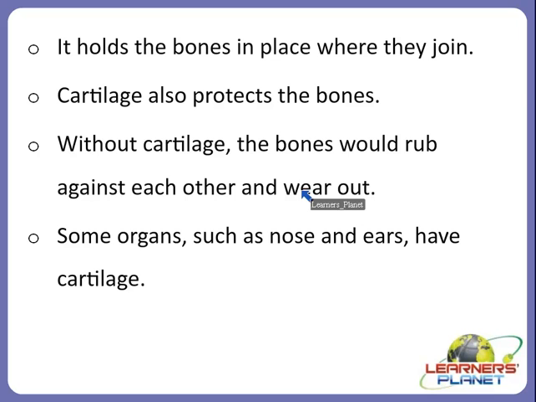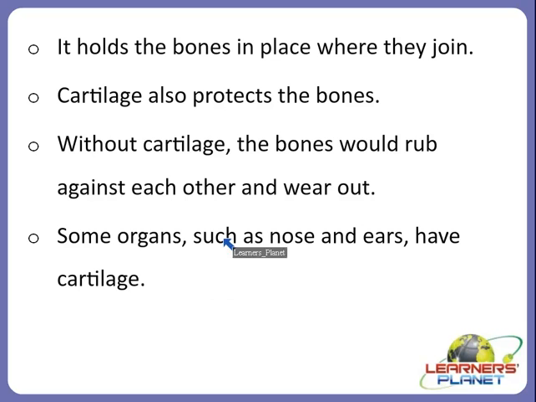Without cartilage, you can just think that the bones would rub against each other and wear out. So without cartilage, it is not possible for the bones to create a very good framework of our body. So cartilage is also very important because it protects the bones.